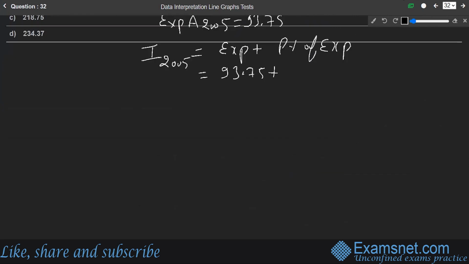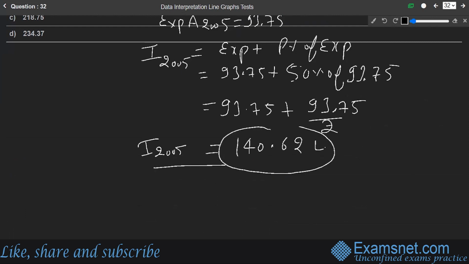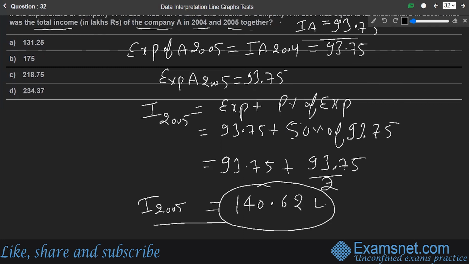So it has to be 93.75 plus 50% of 93.75. 50% is simply the half, so that is half of 93.75, divided by 2. If we solve this further, it comes out to be 140.62 lakh rupees. So that is the income of company A in 2005. Income in 2005 is 140.62, and income in 2004 was 93.75.